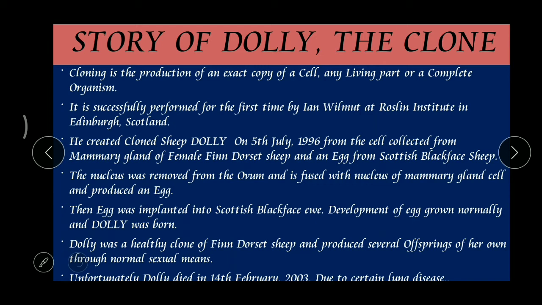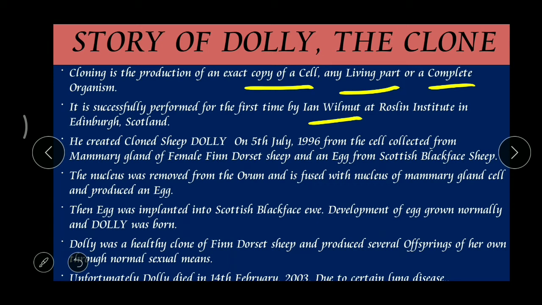We get a new animal, and that young one will appear exactly like person A. You got it, children? That's the advantage of this. So we can make an exact copy of either a cell, any part or organ, or a complete organism. Depending upon our need, we can produce any structures. And this was successfully done by one scientist by the name Ian Wilmut.